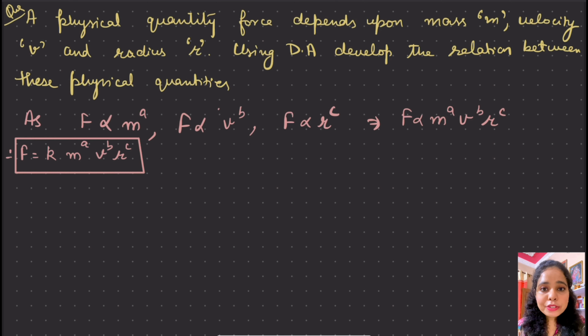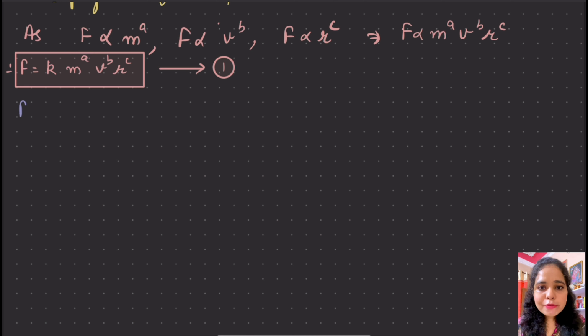Our next step is to write the dimensional formulas for all these physical quantities. So first of all, let us mark this equation as equation number 1. So the dimensional formula for the physical quantity F, that is force, is given by M1 L1 T minus 2.